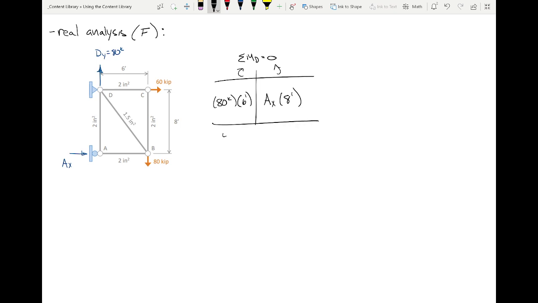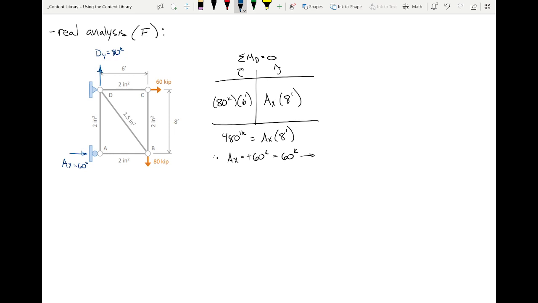So 80 times 6 is 480. So that's going to be 60 kips. And if this is 60 kips, what's the horizontal reaction right there?